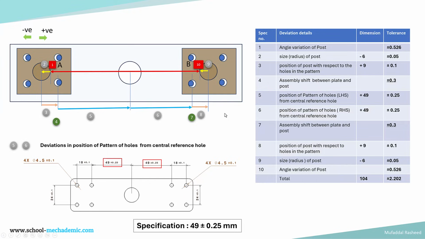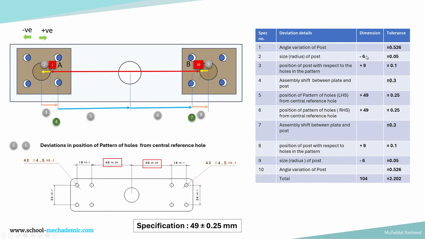And also next, position of the post deviation, that is specification number 8, plus 9 plus or minus 0.1, and then the size deviation, specification number 9, minus 6. Again over here the arrow is going from right to left, which means that it is negative, so minus 6 plus or minus 0.05. Again we factor the angle variation of post, which is plus or minus 0.526.